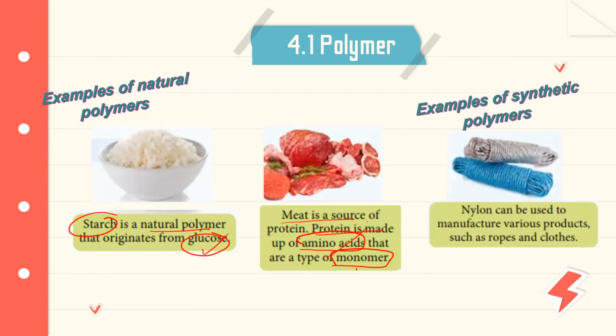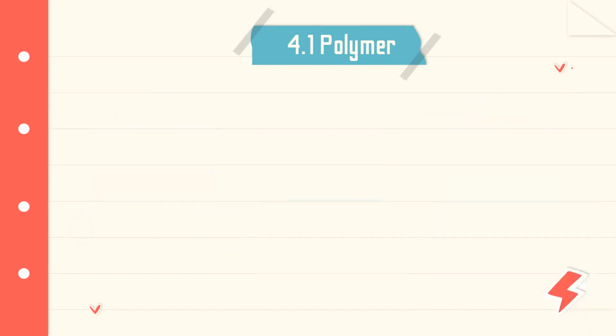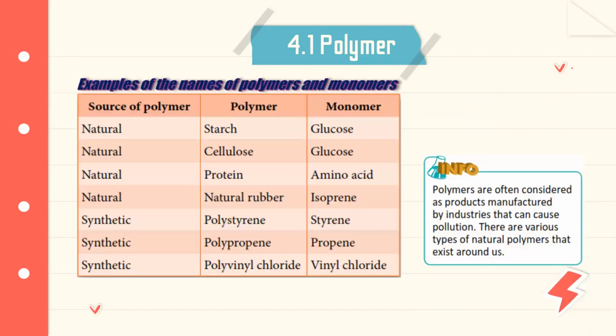So this is your natural polymer. Your synthetic polymers are examples like nylon, which you use to make ropes, threads, clothes. That will be your synthetic polymer. So two types of things I just taught you, natural and synthetic polymer. Four things that are important here. You need to know these four natural polymers. What are they? Starch. What's my monomer for starch? Glucose. Cellulose, my monomer is also glucose. Protein is amino acid.